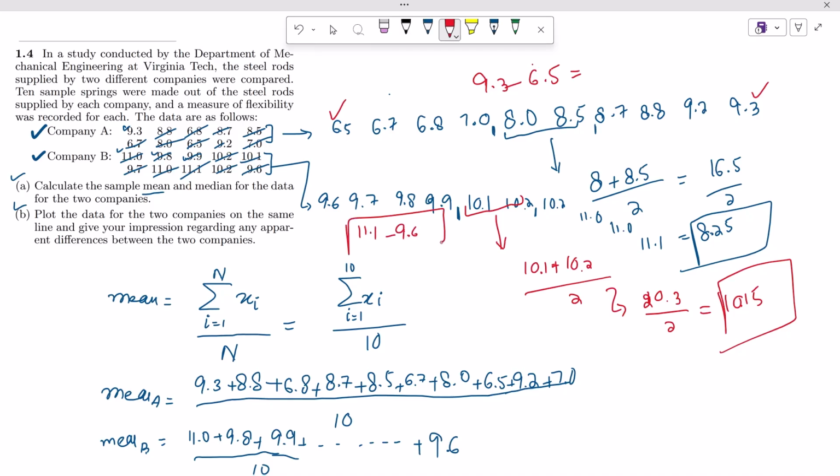You can subtract them and you will see that this number is lower than this one, which shows the degree of dispersion here, and this is not as dispersed as this one is. So for part B, we will plot it, and you can also see my previous videos regarding the plotting of this type of data.